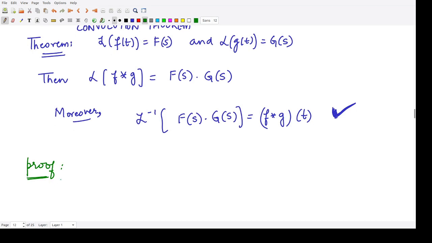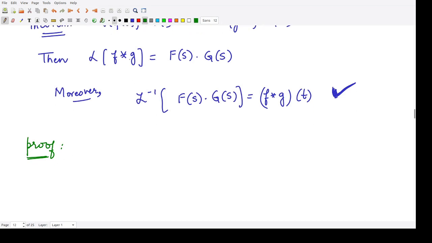For the proof, we wanted to prove that the Laplace inverse of F of s times G of s is equal to f star g. This is what we have to prove.